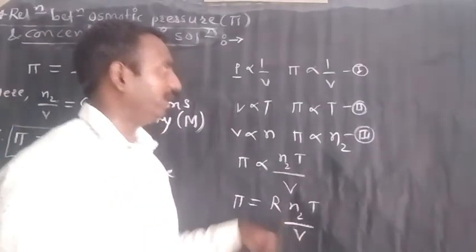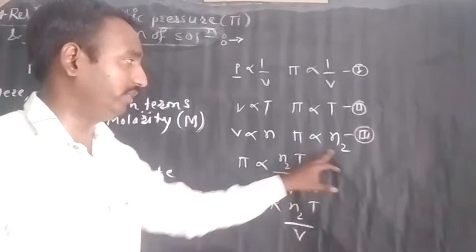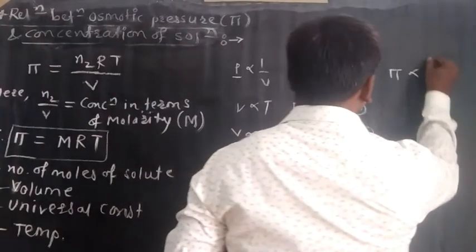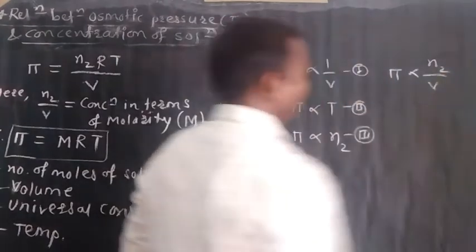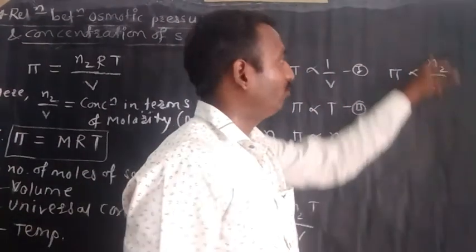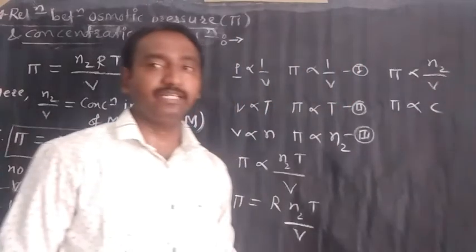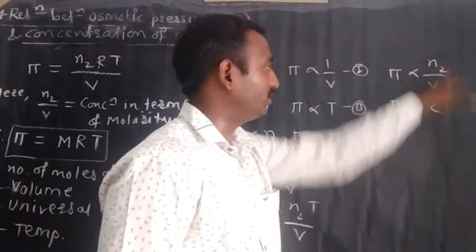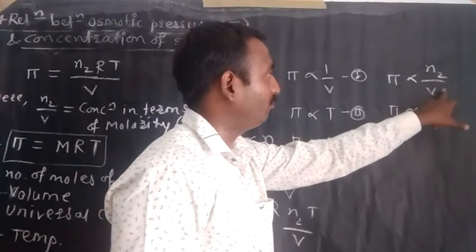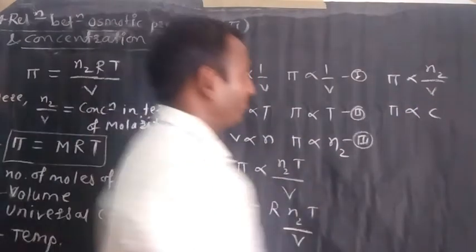Here, one another thing we can add. Suppose this 1 stands for N2, that is the number of moles. That's why this equation becomes directly proportional to N2 upon V. But N2 is the number of moles of solute, V is the volume of the solution, and number of moles upon volume becomes C, so the equation becomes pi is directly proportional to C. But this concentration C is in terms of number of moles per unit volume, and number of moles per unit volume stands for the molarity.